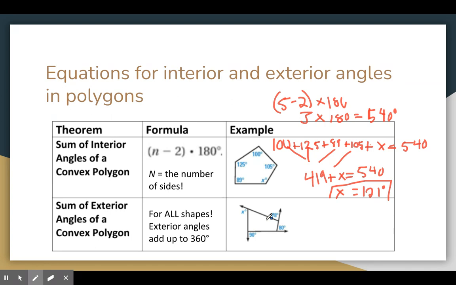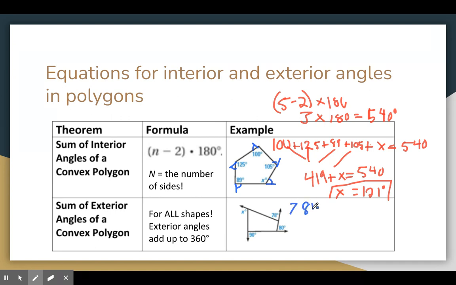The exterior angles for any shape, even if it's a 5-sided shape. So if we were to take the exterior angles of this shape and add up all of these, even though it has a different number of sides, it's still going to give us 360. So it's a similar way we set up this equation. We add up all 4 of these, and we know that it has to add up to 360.